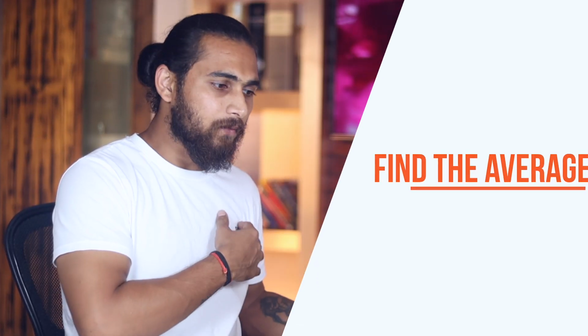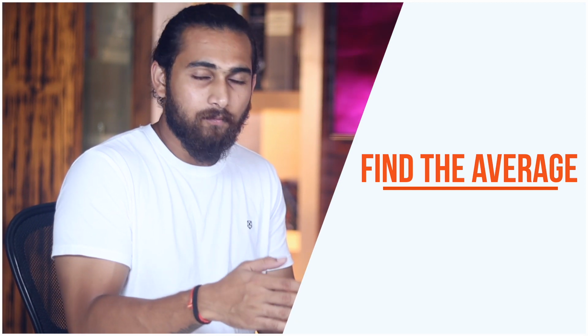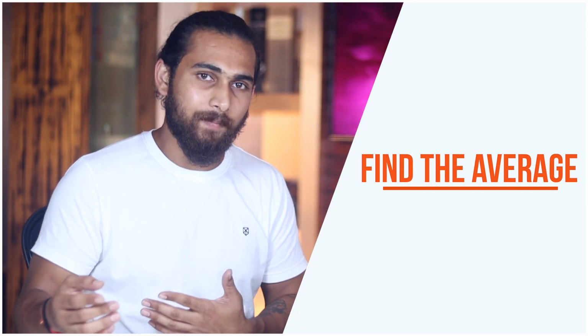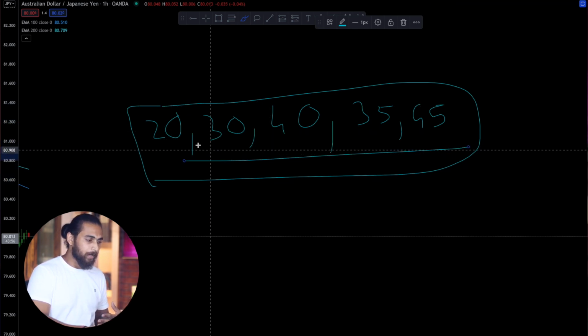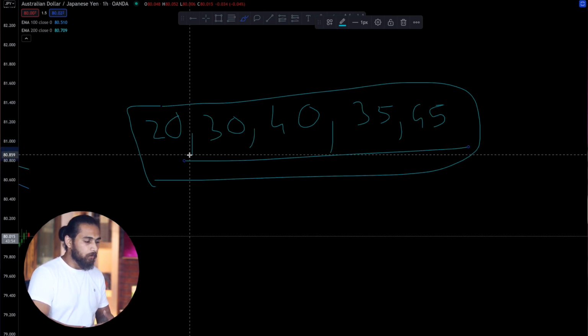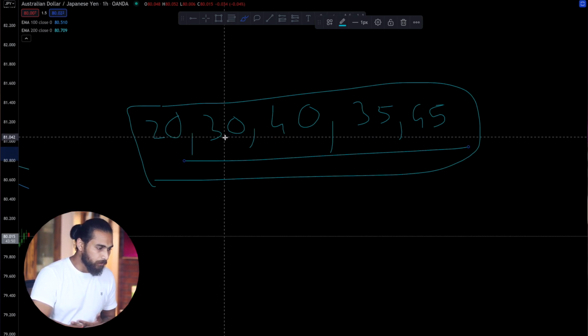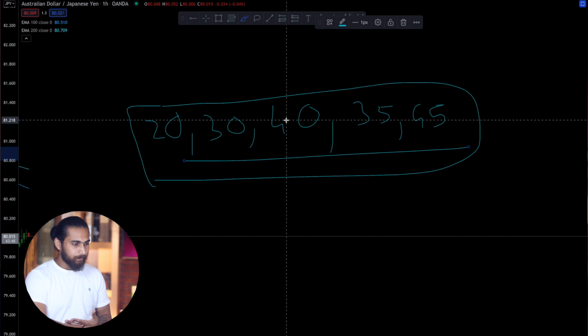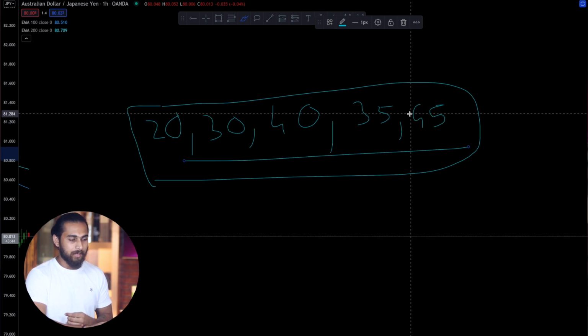Now if I asked you to find the average of all these prices, what will you do for that? It is simple. You will just add all of these and then divide them by the number of days. So 20 plus 30 is equal to 50, and then 90, and then 130, and then 170.